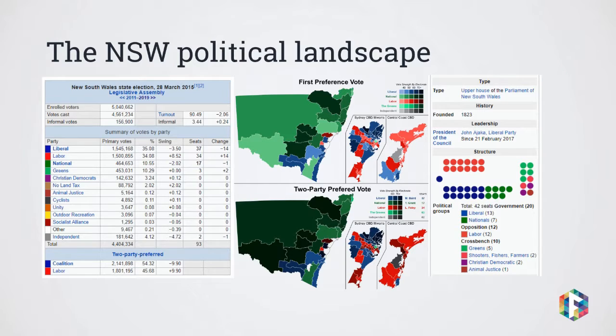So New South Wales, the general landscape of New South Wales is not that different from many of the other Australian states. Currently has a Liberal Nationals government, but a strong Labour opposition there.